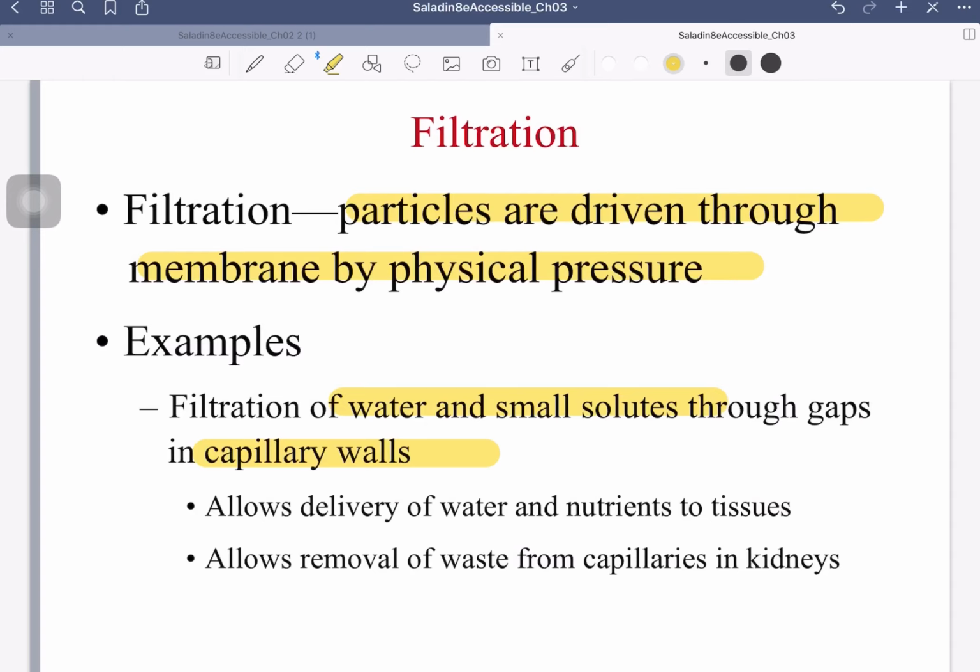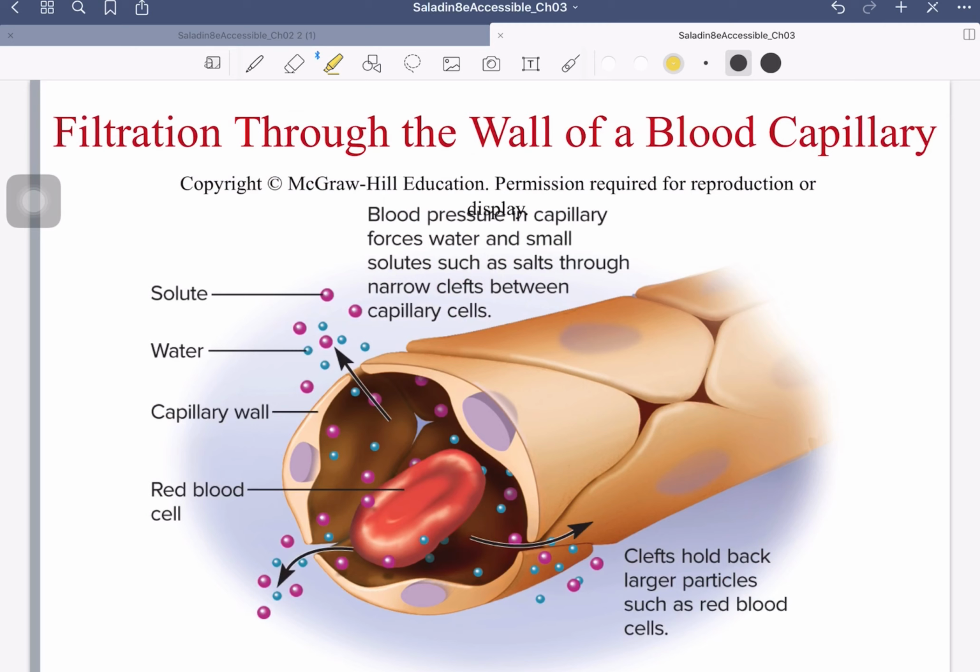They're small little gaps that some things can get through. Now this is a good mechanism because it doesn't depend upon ATP. It's energy independent. But it allows the delivery of waste and nutrients to the tissues. One example of that would be the capillaries in the kidneys and how they function. And we'll look at that next semester in detail.